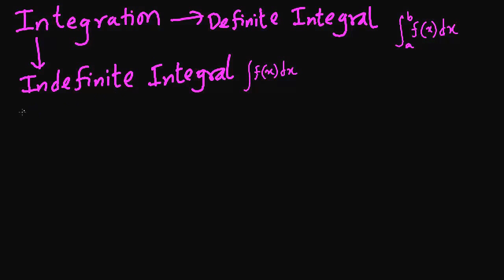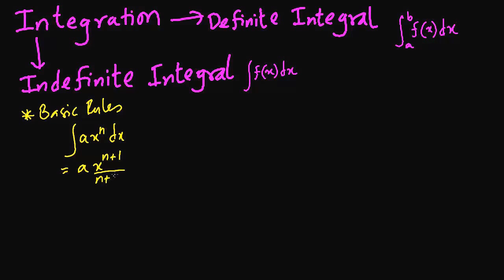So the basic rules are, when you integrate a x to the power n dx, the a is the constant, it will be as it is. So x to the power n plus 1 divided by n plus 1. This is the integral.